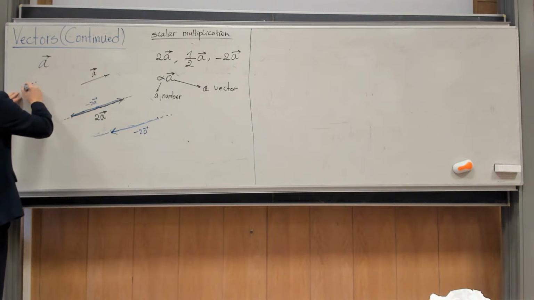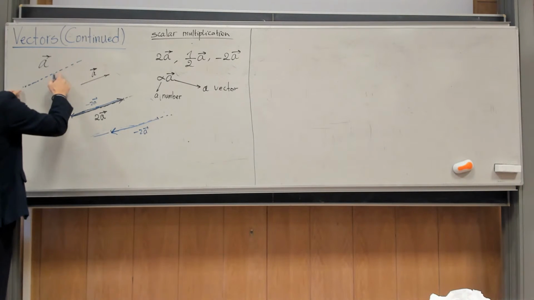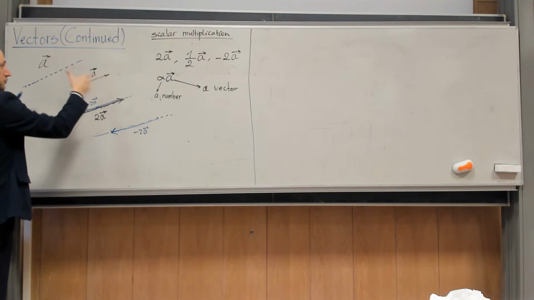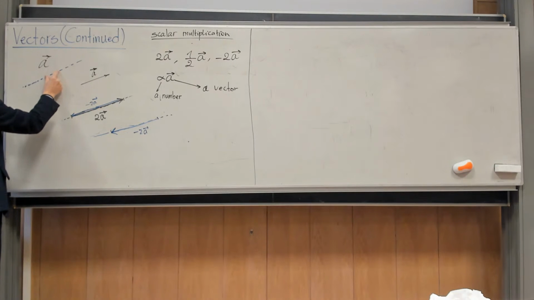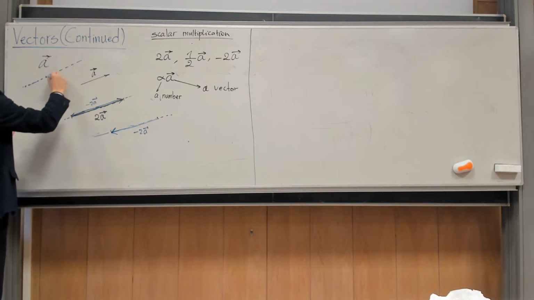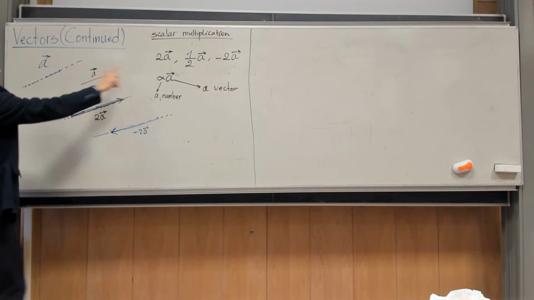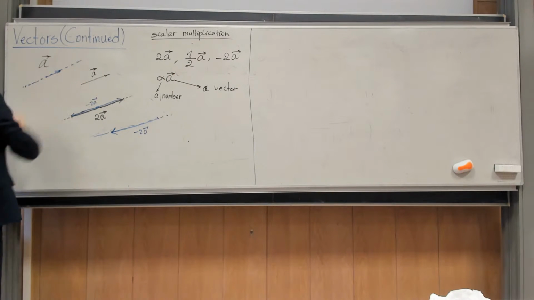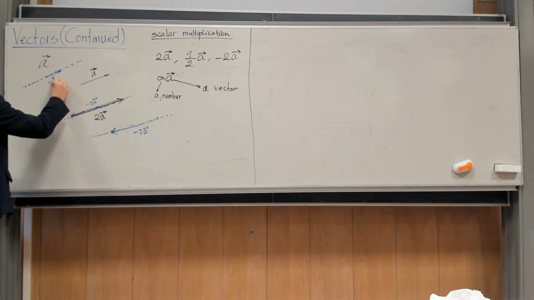So here I will draw this line parallel with this one. This time I measure it with the ruler, and then I divide that length into 2, and I separate it here. So this would be my vector. And because 1/2 is positive, I have to put the tip of the arrow in the same direction as a itself. So it becomes 1/2a.